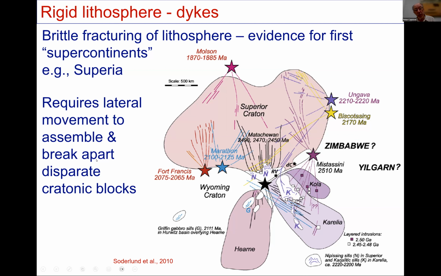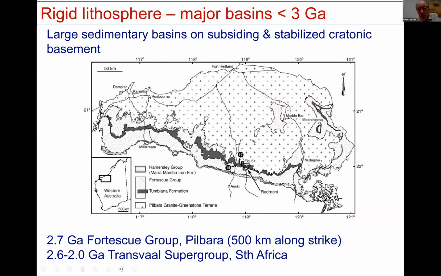Now, the other piece of evidence that one can use are sedimentary basins. Why? Well, sedimentary basins can be traced across significant areas of craton. So here's the Pilbara craton in northern Western Australia, and the Fortescue group started to be deposited at about 2.7, and these black and stippled units can be traced across the southern margin and around the edges of the craton.